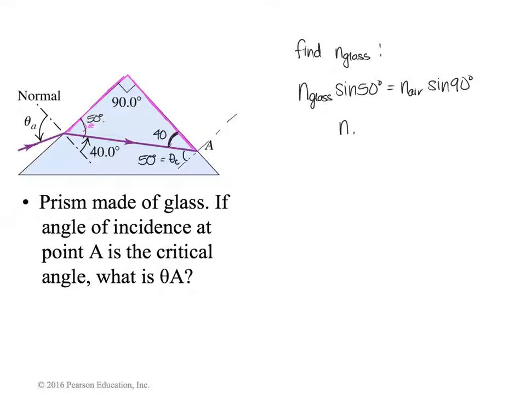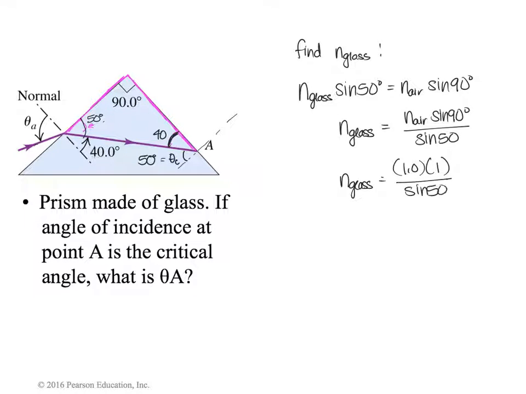So now I can solve for n of the glass, which is going to be n of the air times the sine of 90 over the sine of 50. So we're going to say that n of air is 1, because it usually is about 1, or 1 plus a very small fraction. Sine of 90 is 1, and then divided by the sine of 50. And this gives us an index of refraction of the glass of 1.3.